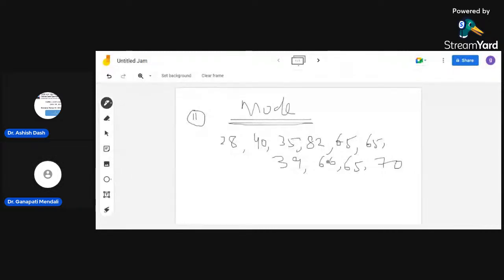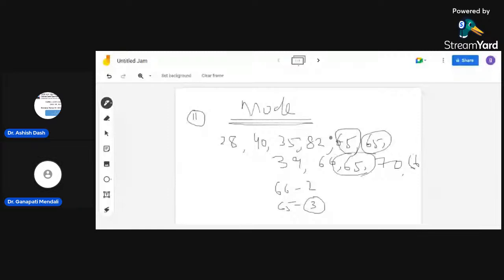Suppose another 66 is there. 66 two students, 65 three students. See 65, 65, 65, 70 one student.